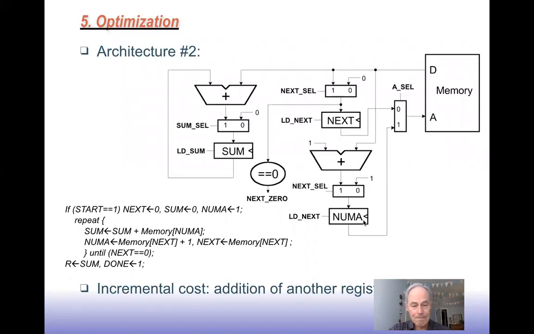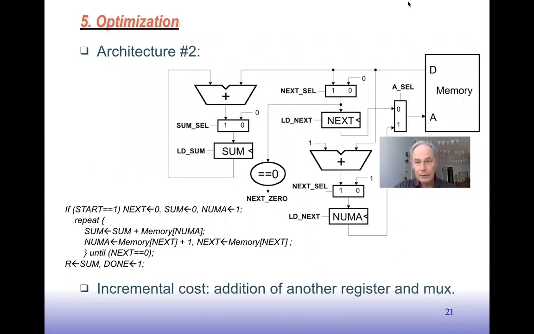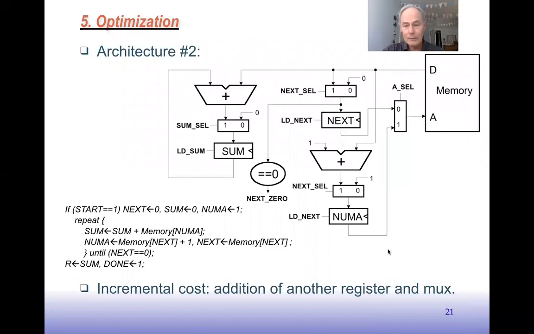Right. So the incremental cost for this is the addition of a register here and an extra multiplexer here so that we can initialize NUMA. Okay. Let's see what the impact is on the performance though.